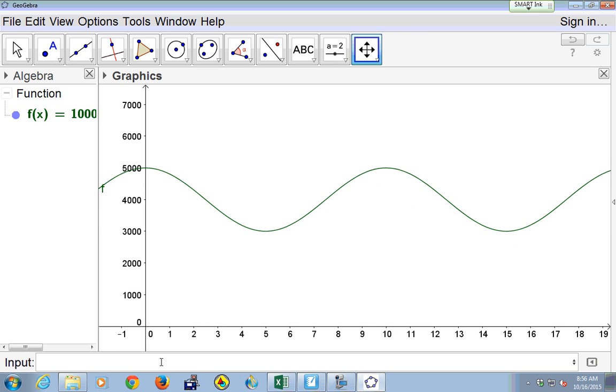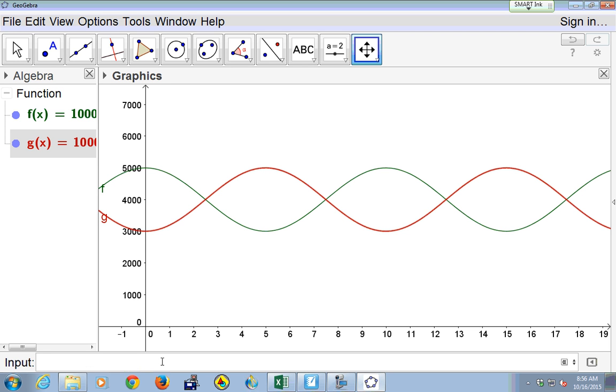Okay, so there's f. And then my other one is also f. Call it g so that GeoGebra doesn't get confused. Was 1,000 times the sine of pi over 5 times x minus 2.5 plus 4,000.